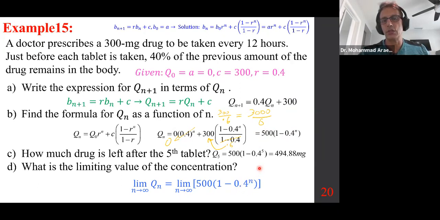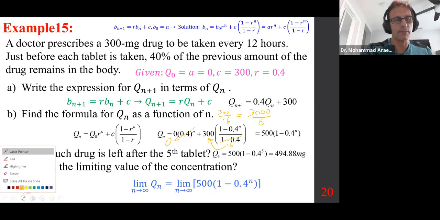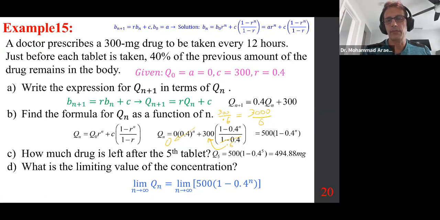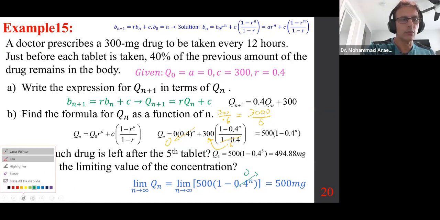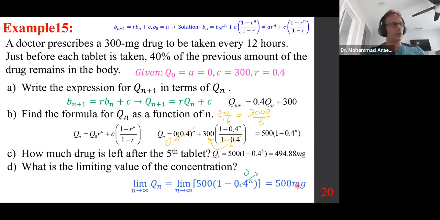So this goes to 0, and we get 500 times 1. And it's an application problem, so we're going to answer it with its unit, 500 milligrams.